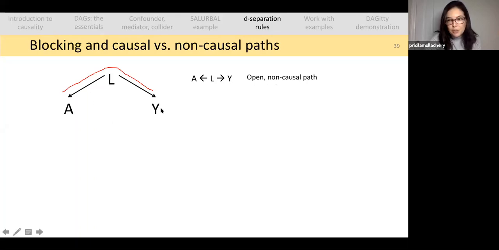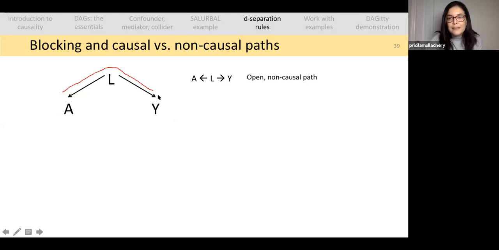A is our exposure and Y is our outcome, so this is the path between A and Y. It is a non-causal path because in order to go from A to Y, I have to move against the arrow. So this is a non-causal path.